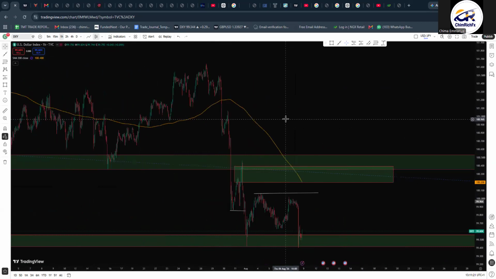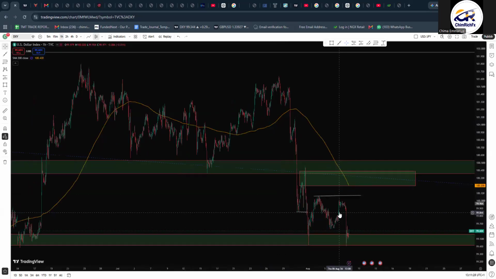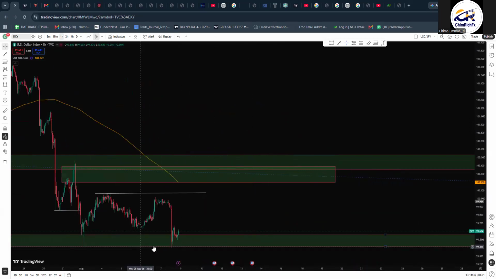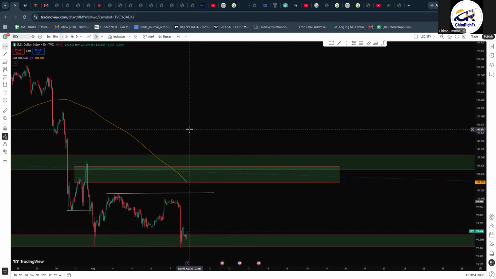However, we just need one more confirmation, which is for price to break out from these points. Then we can have a high probability confirmation that price is likely to keep on declining on the US dollar index, while the GBP USD would become a bullish market, so it continues the bullish trend that I analyzed earlier on.